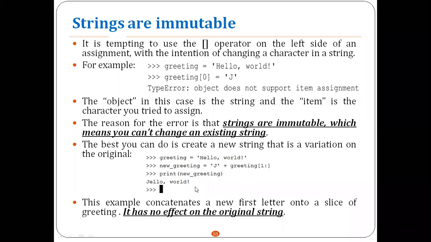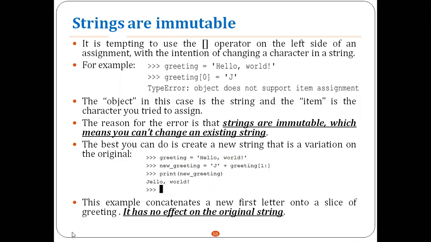So I got the output as jello, then followed by the rest. This is what you call immutable: the existing strings cannot be changed. So it is called string immutability.